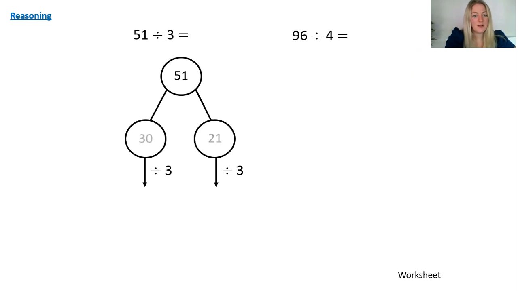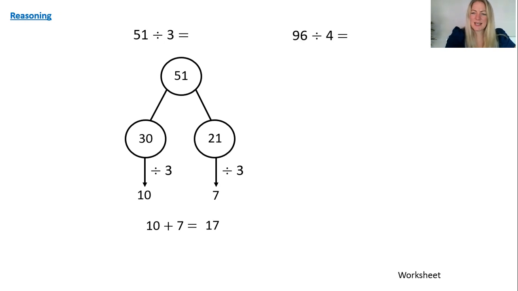No. 30 and 21? Yes. Because 30 is 10 times 3 and 21 is 7 times 3. So I know that each will divide by 3. So 30 divided by 3 is 10 and 21 divided by 3 is equal to 7. So 51 divided by 3 is equal to 17.